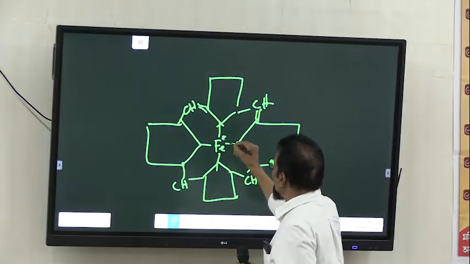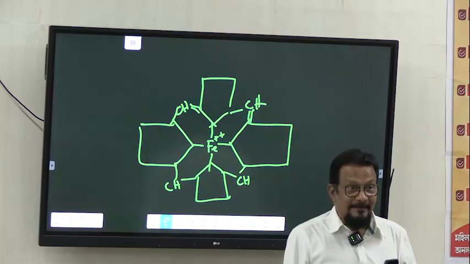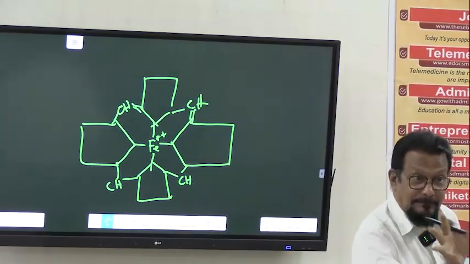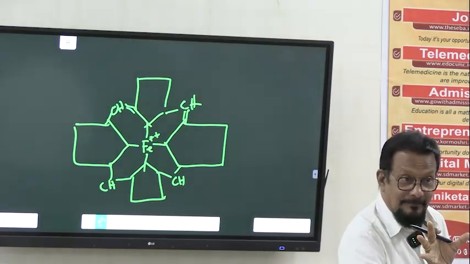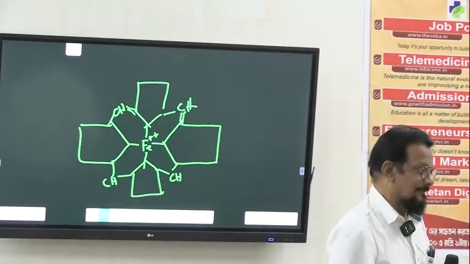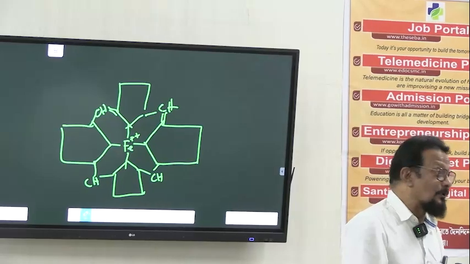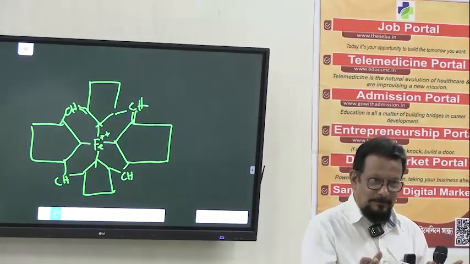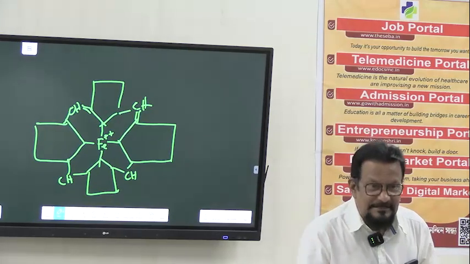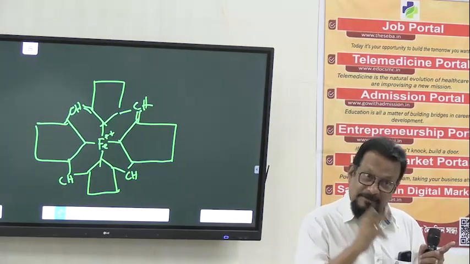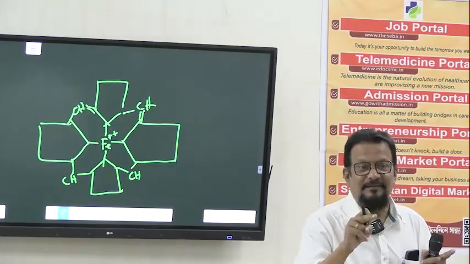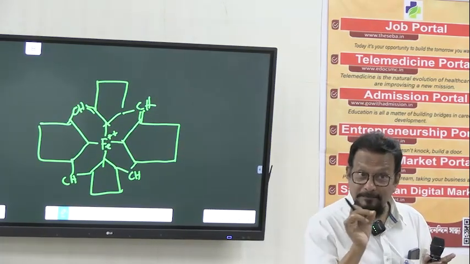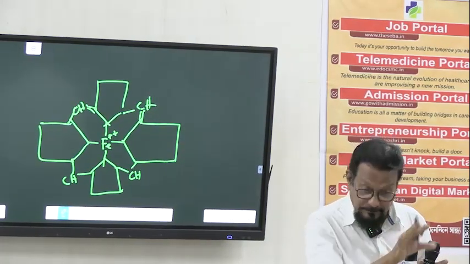And it remains in ferrous form. If it remains in ferric form, what will be the name of this compound? Methemoglobin. Then it is no more hemoglobin. It is a useless hemoglobin if the iron remains in ferric state. The name is methemoglobin.